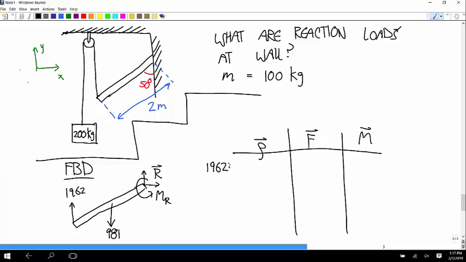Anybody have an idea for an about point? You can put it anywhere, and the answers you get will be the same. You can save yourself a little bit of math if you put the about point at the place with the most unknown forces, because then you don't have to calculate the moments produced by those, because any force happening at your about point produces 0 moment. So I'm going to put the about point here.